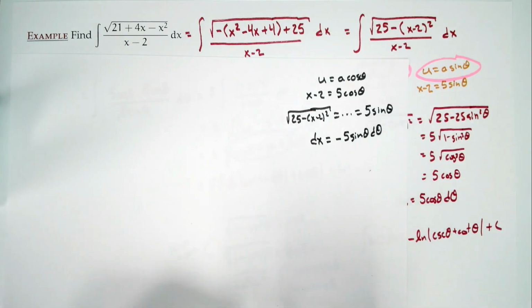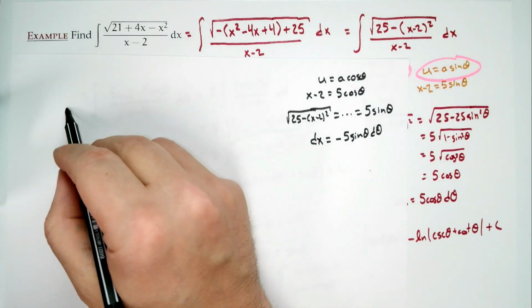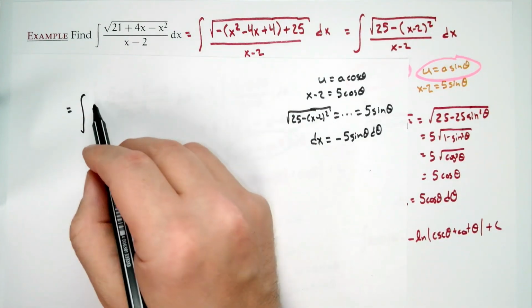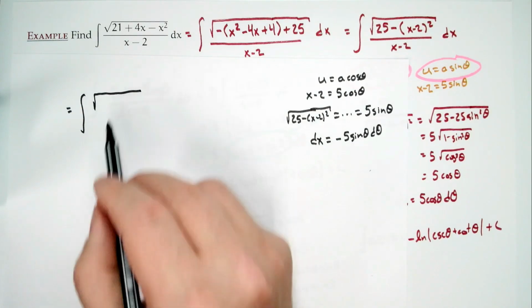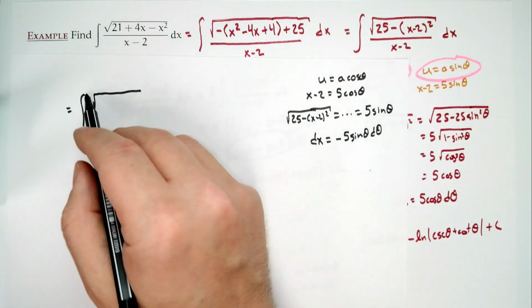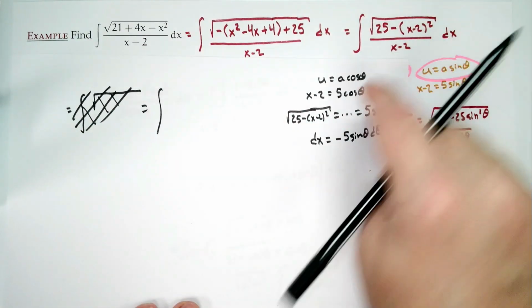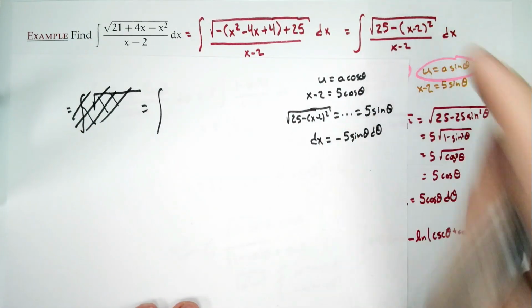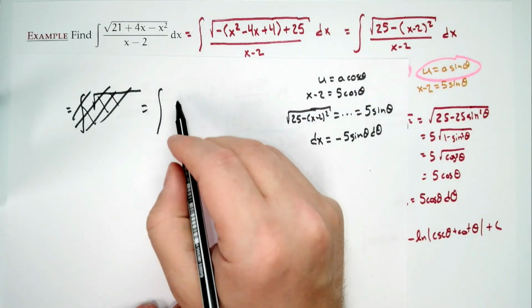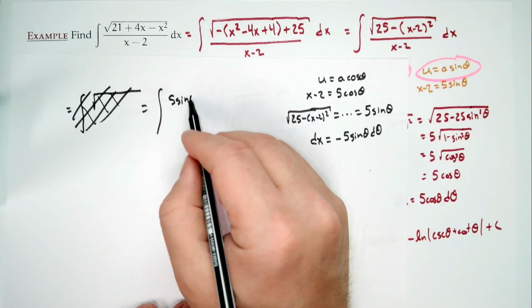So, what does our integral become? So our integral becomes the integral of the square root. We're not copying, we're substituting. So the square root becomes 5 sine theta.